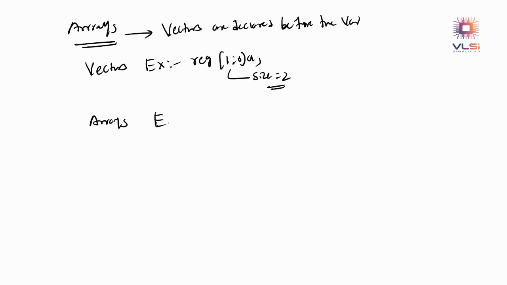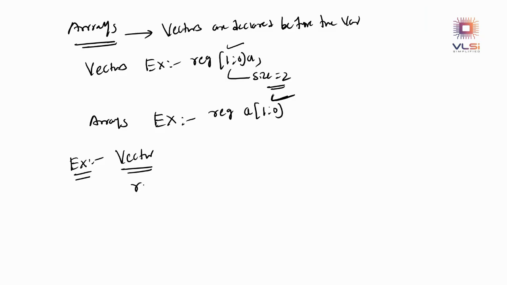If it is an array, for example reg a [1:0], whatever the size is, you represent it after the variable. That is the difference between vectors and arrays: in vectors you put the size before the variable, and in arrays you declare the size after the variable.